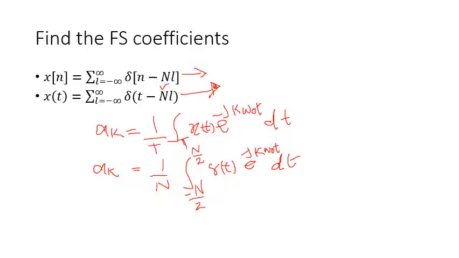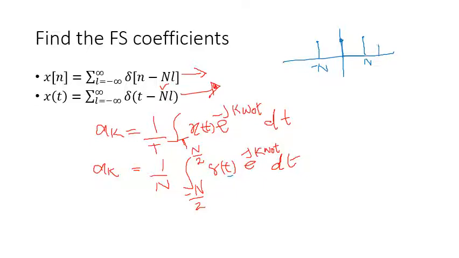If I plot the signal, it will be something like this. At 0 it will have value 1, then it is 0, and then here this is, for example, N, here this is minus N, and so on.